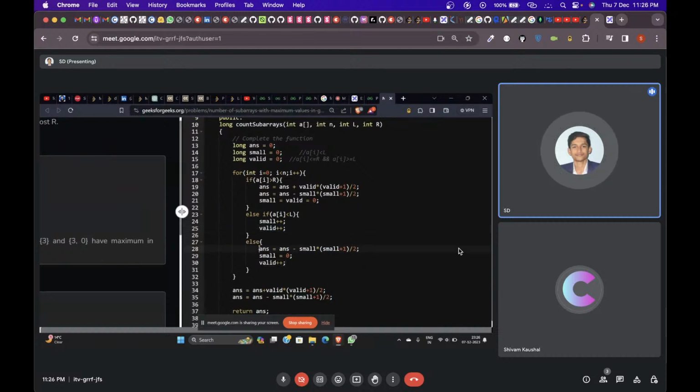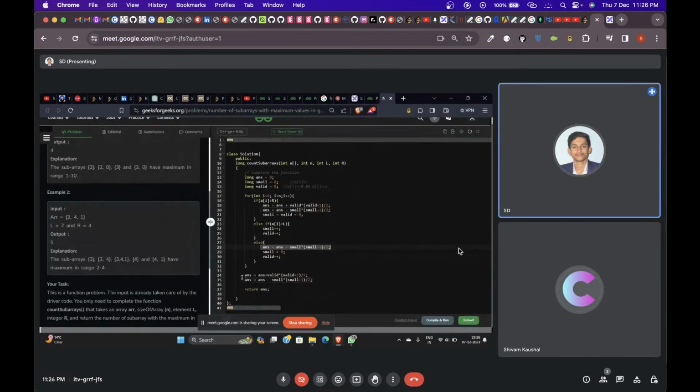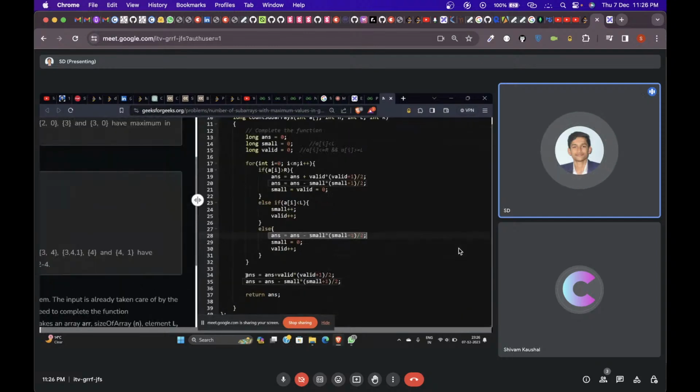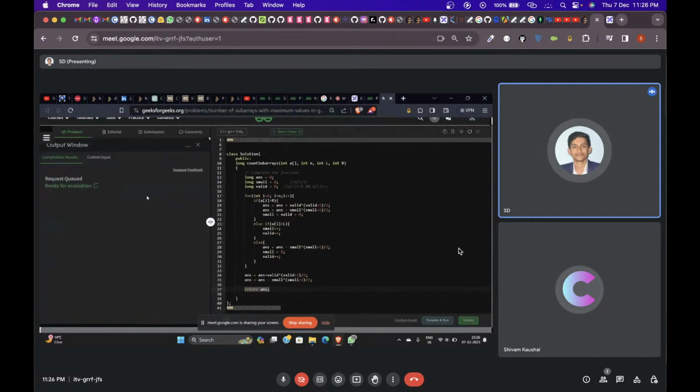And if I'm finding a value which is valid, then first of all decrement the value of small from it, make small 0 and move forward. Then at last, before returning the answer, just find the valid and then delete the invalid and simply return this as our answer. So this is the way we are going to solve this problem, and if we submit it, it should work perfectly fine.